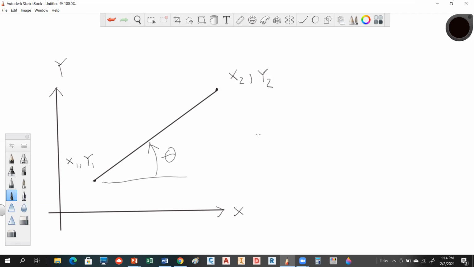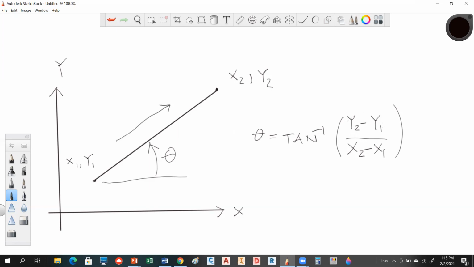Inverse says you're going to take the arctangent of delta y, which would be y2 minus y1, divided by delta x. One thing that's important to understand: if I am going from point 1 to 2, it's going to give me this direction. Notice I'm taking 2 minus 1.